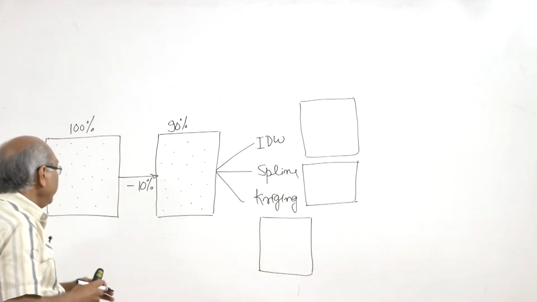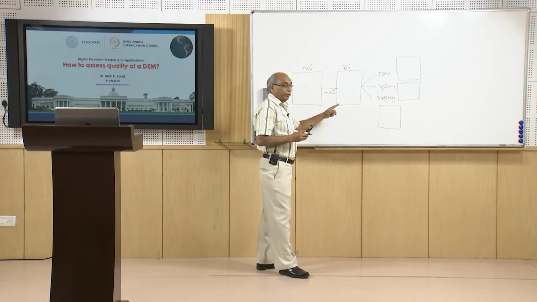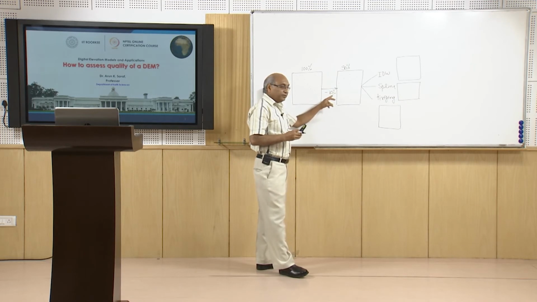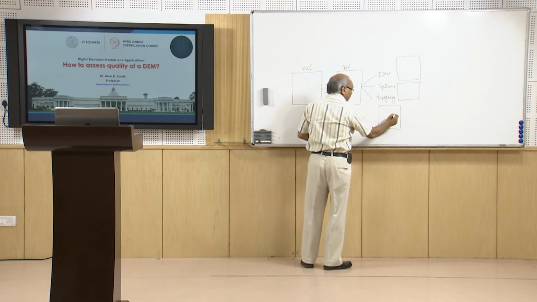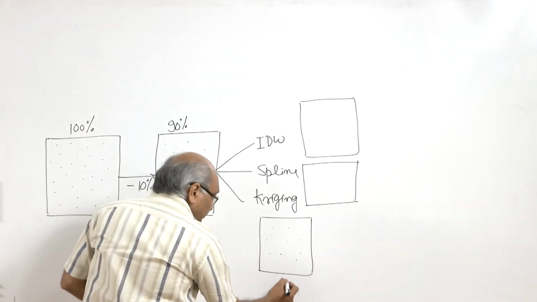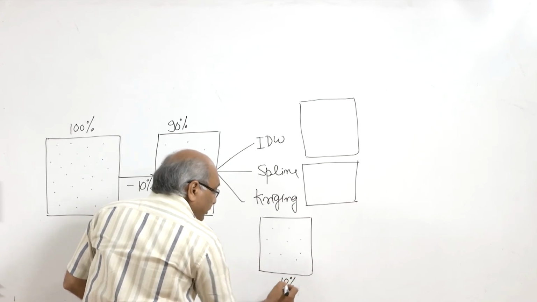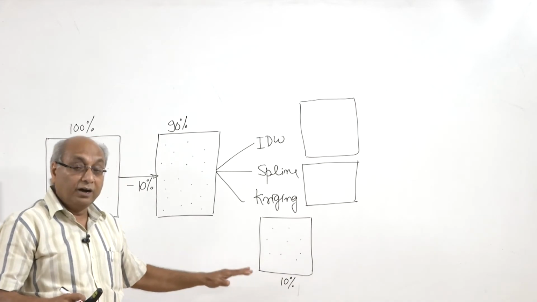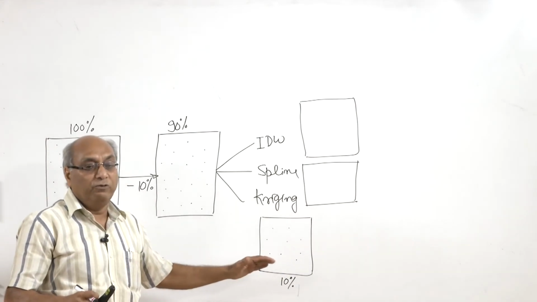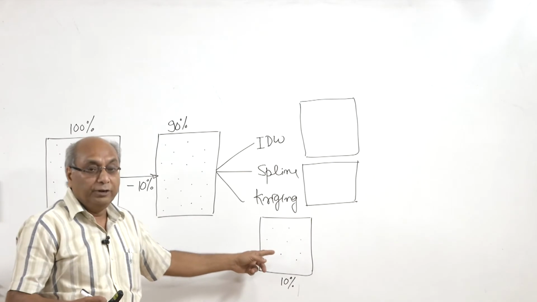Now those points which I did not involve in interpolation, the 10% randomly selected points, are plotted here. Their corresponding elevation values are checked, how far they were from these values.